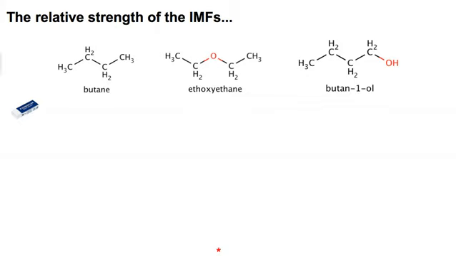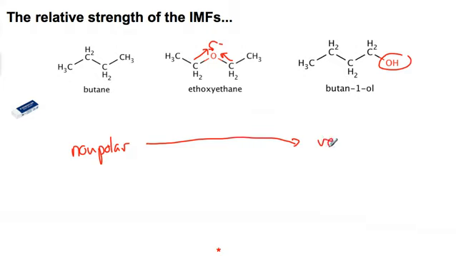Ethoxyethane, so here's my ether group. So that's delta negative, so that's going to give rise to polarity in that molecule. And then we have the hydroxyl group in 1-butanol. So nonpolar molecule through to very polar in terms of the functional group. Remember, the OH group gives rise to hydrogen bonding. That's a strong intermolecular force.